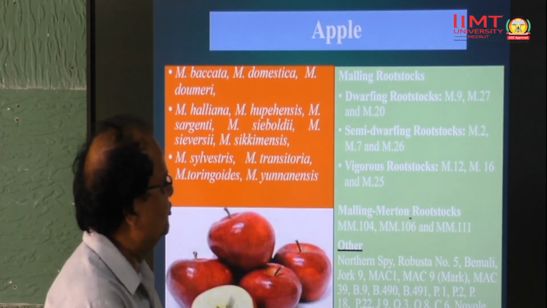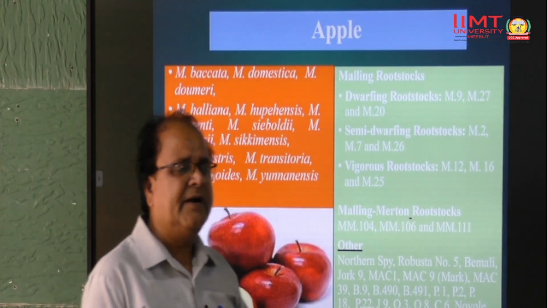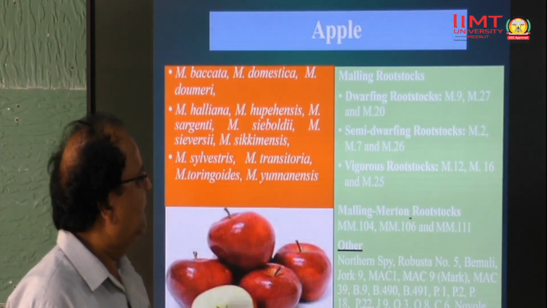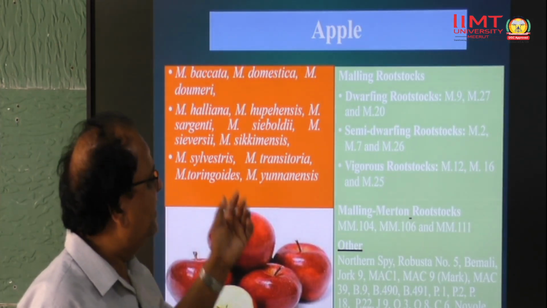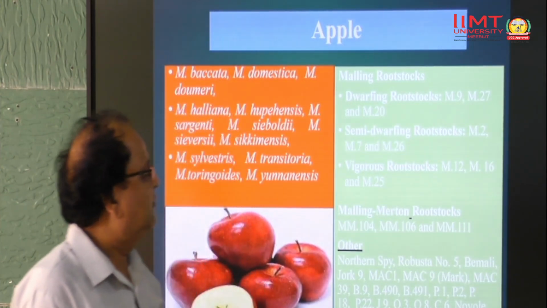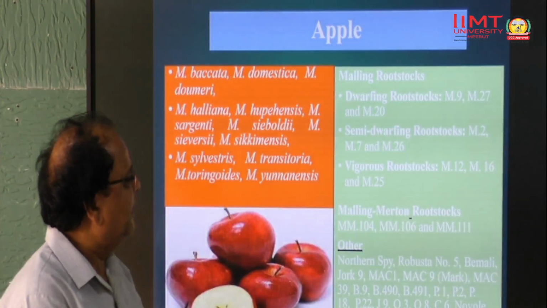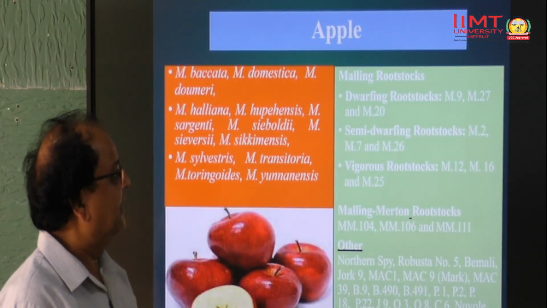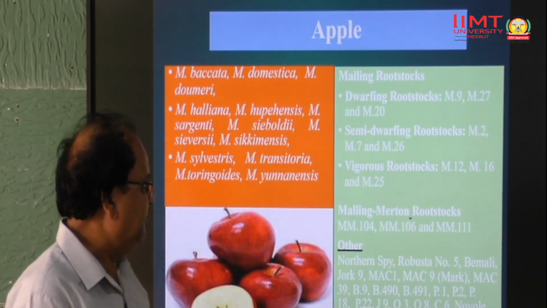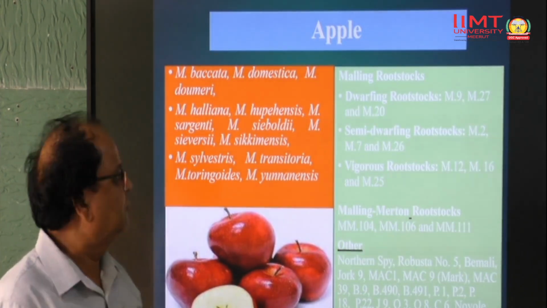Some dwarfing rootstocks are in the M series: M9, M27 and M20. East Malling, the institute in Kent, England, developed different rootstocks. M27 is the dwarfest rootstock of the apple.